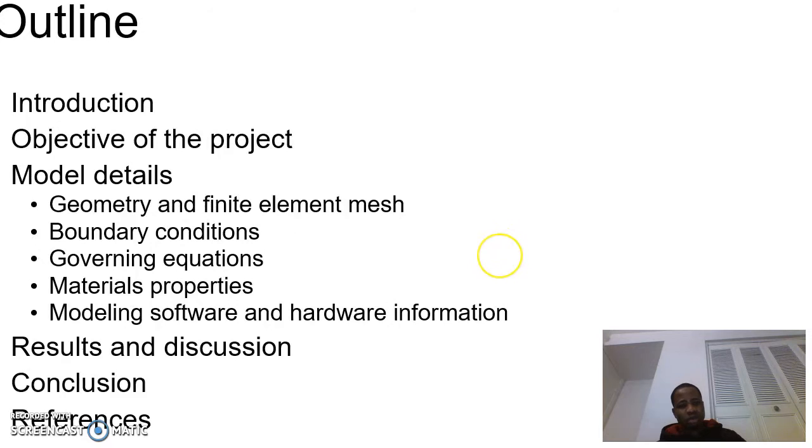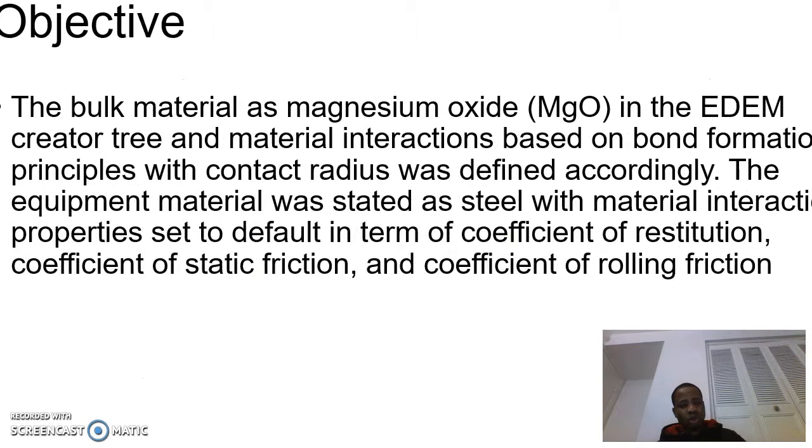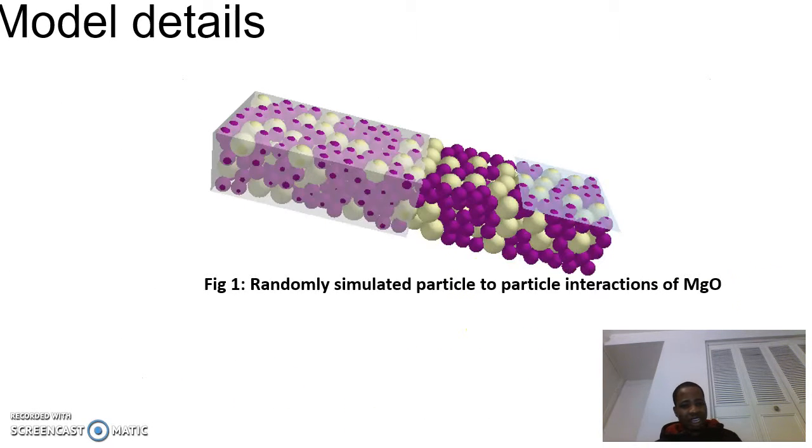So this is my model. I have created my model in EDEM. Like I said, EDEM is one of the discrete element software packages that we can use to simulate. So this is my model, the magnesium and oxygen, with respect to their properties. You can see that we have two different colors.